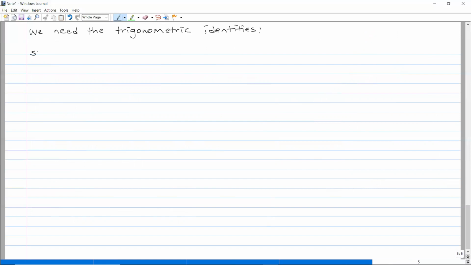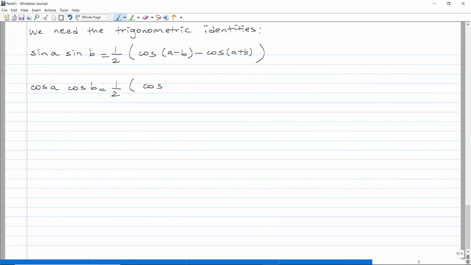If you take sine of A times sine of B, you can write this as 1/2 cosine of A minus B minus cosine of A plus B. You can check using the addition formula for cosine that this is true. If we have cosine of A times cosine of B, then instead of minus, we take plus in between.